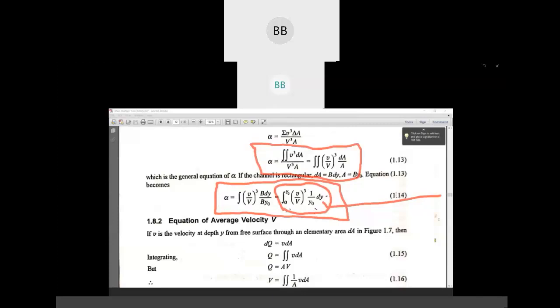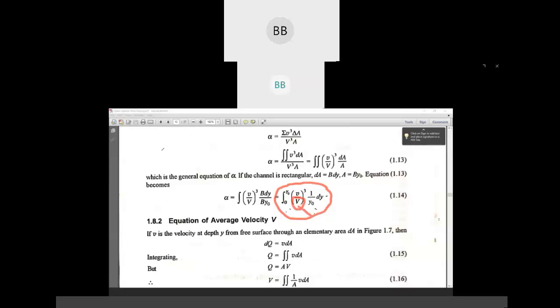Any more doubts? So now we are going to proceed. When you see the alpha equation for a rectangular channel, to solve this equation we need the average velocity v of that particular cross section.